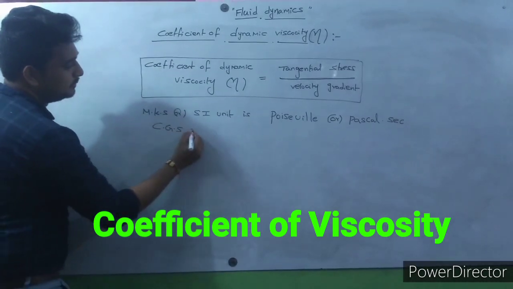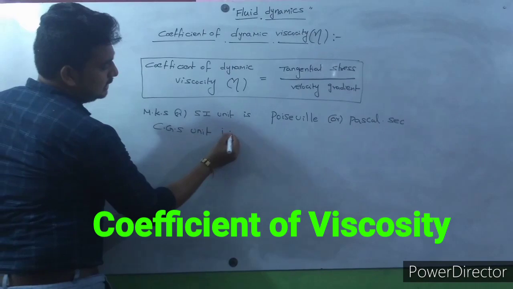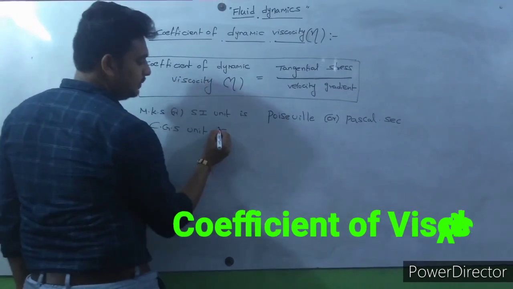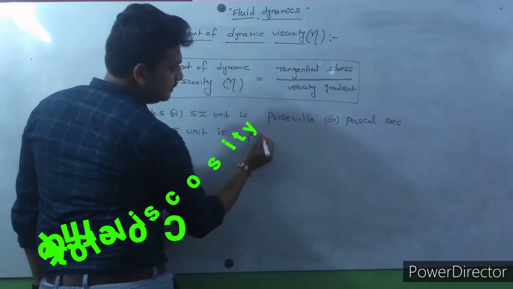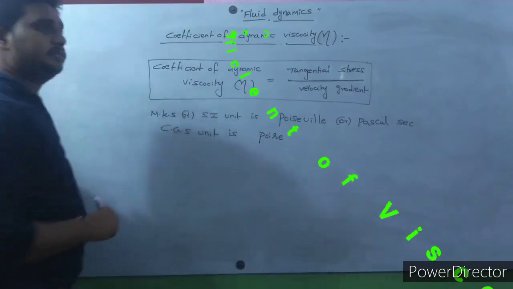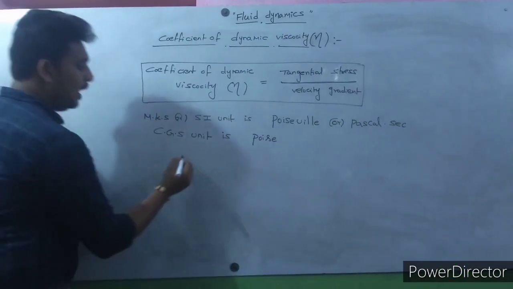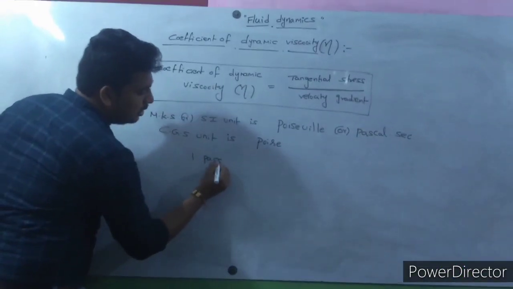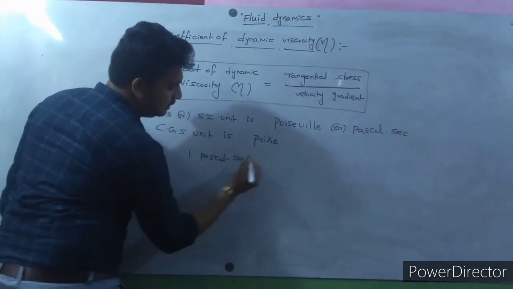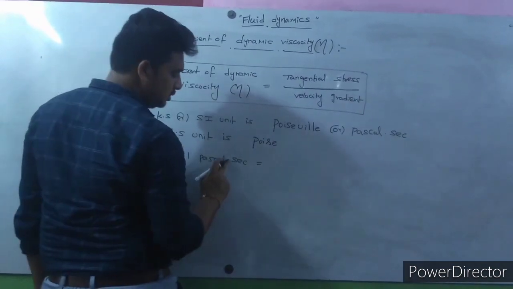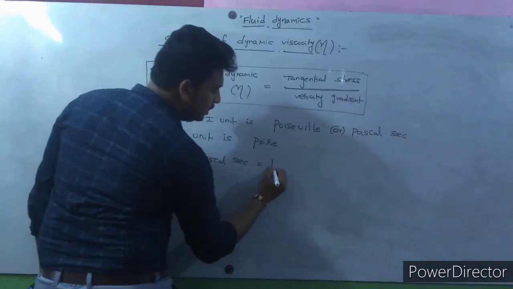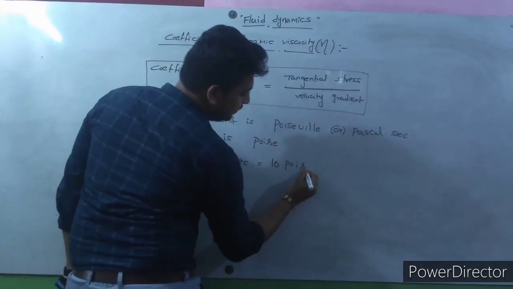CGS unit is Poise. 1 Pascal second is equal to 10 Poise.